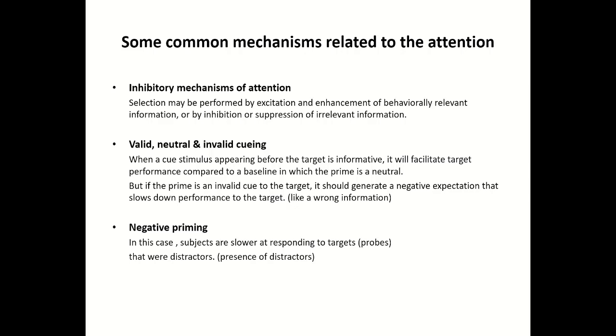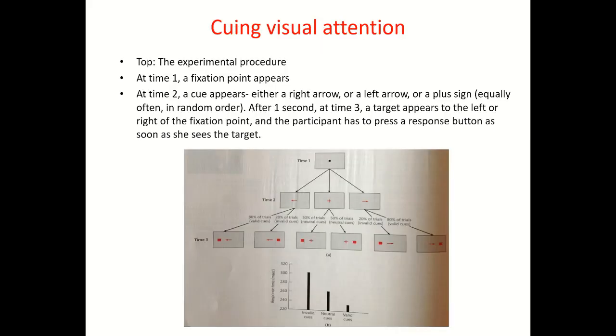So we already talked about the valid, invalid, neutral cue in the last class. This is one simple experiment. The subject has to fixate their eyes, look at the center of the screen, and then three types of cues appear randomly.